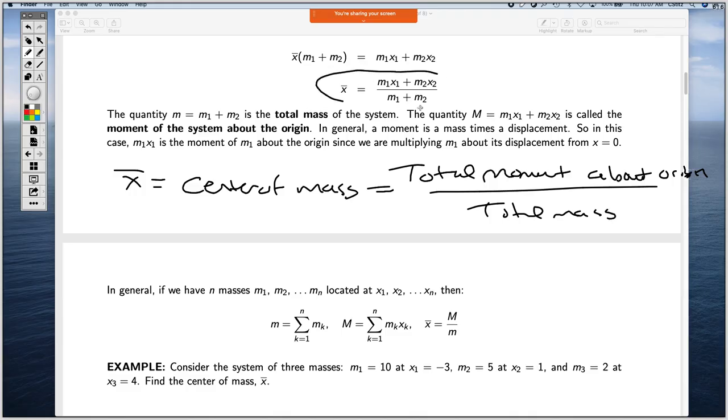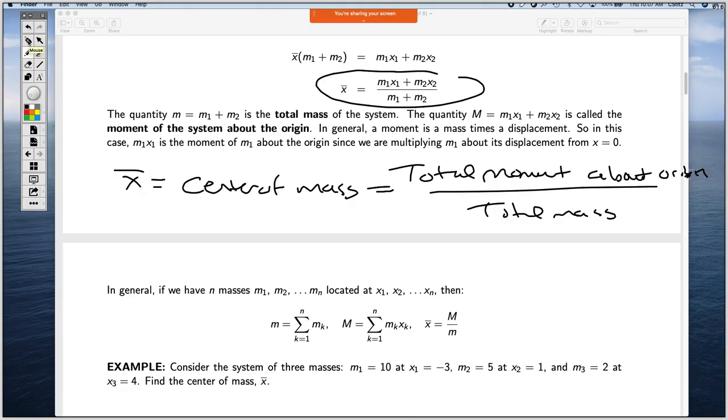So it literally is like a weighted average like you would see in statistics, okay? And spoiler alert, all the stuff we're going to do today with moments and first moments and second moments have statistical analogs later on, okay? So some folks, when they get to Calc 3, they'll do the engineering kind of stuff like we're doing today. Some people will do the statistics kind of stuff. It's all the same. It's all the same mathematics, just different interpretations.